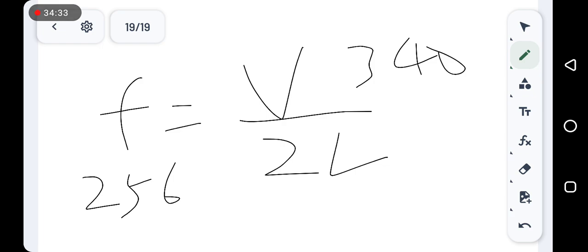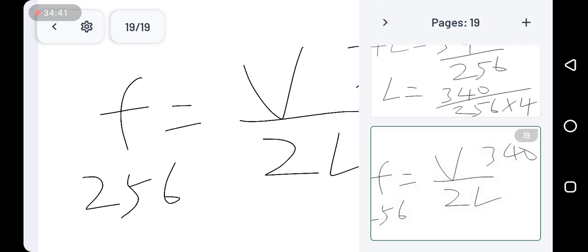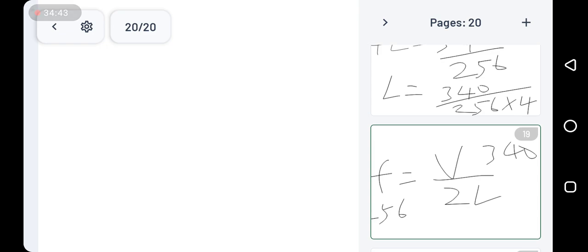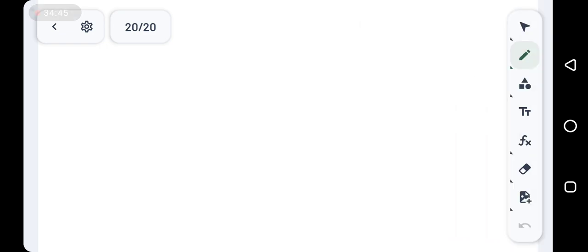Let's solve this question. A man standing 300 meters away. This question says a man standing 300 meters away.